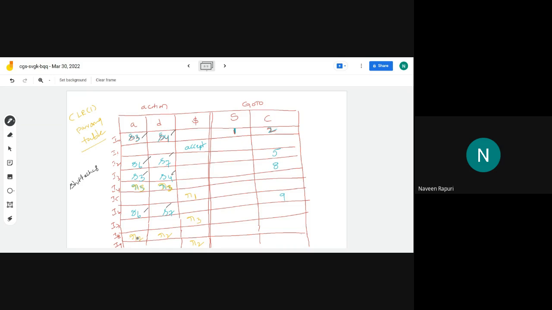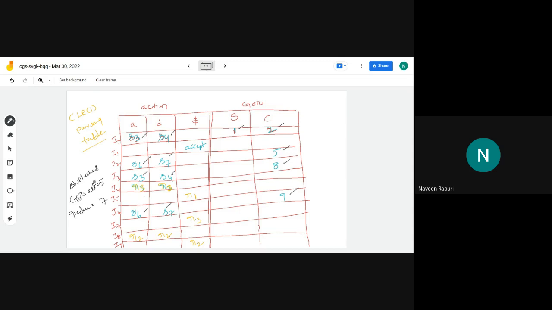How many go to actions are there, sir? 1, 2, 3, 4, 5. So go to actions are 5. How many reduce actions are there, sir? 1, 2, 3, 4, 5, 6, 7. So reduce actions equals 7.